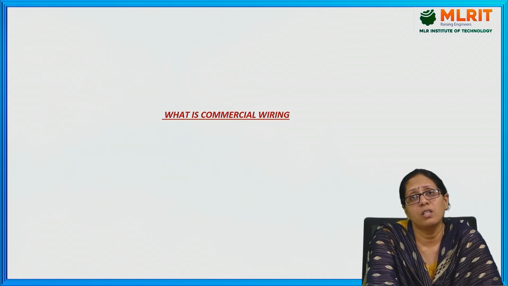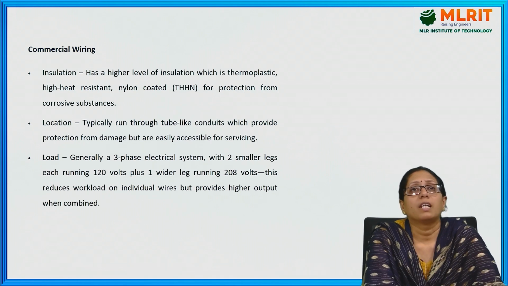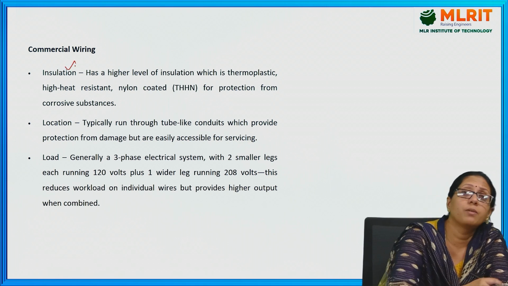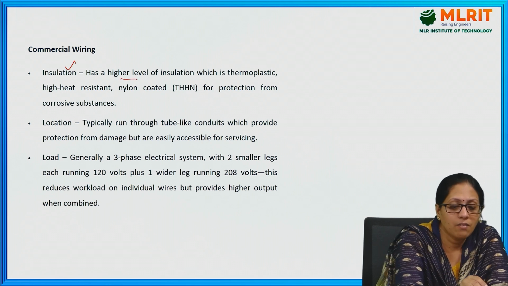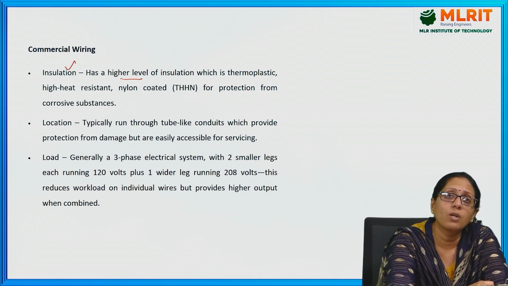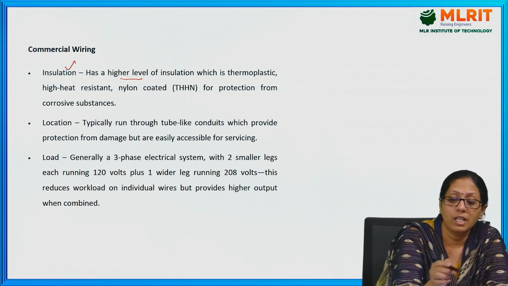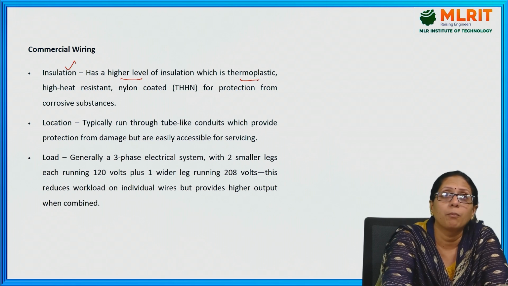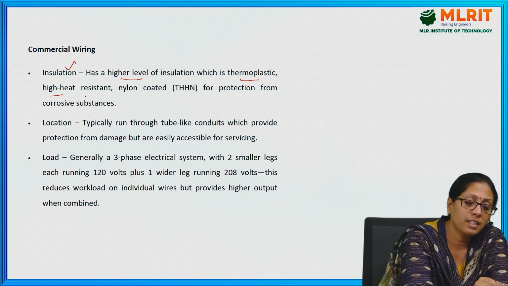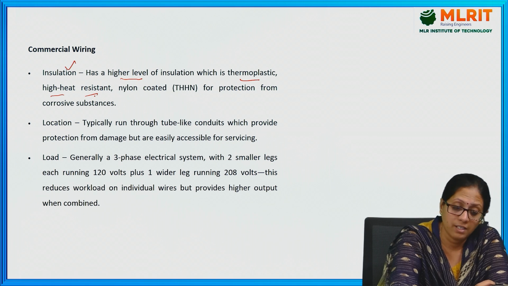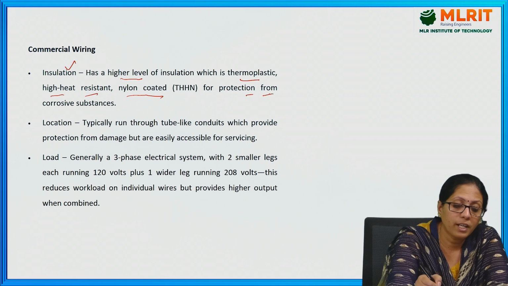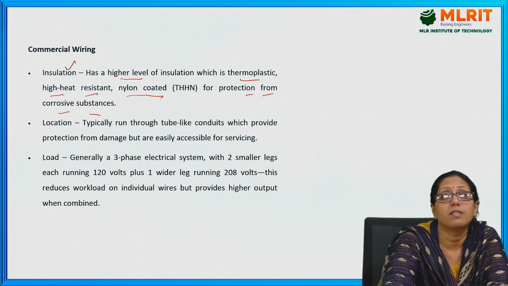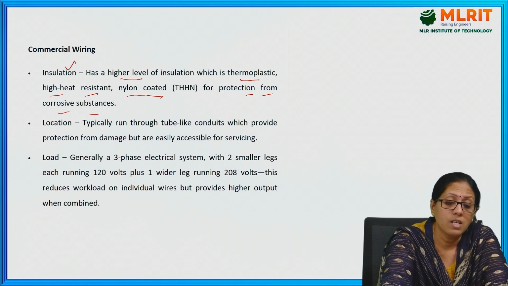What is commercial wiring? The commercial wiring also has insulation, same as residential wiring, but a higher level of insulation, which is made of thermoplastic, high heat resistance, nylon coated for protection from corrosive substances.